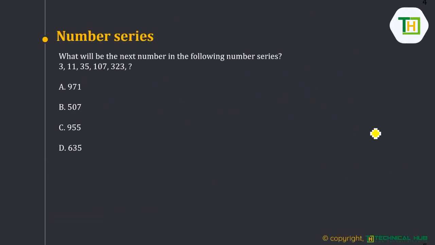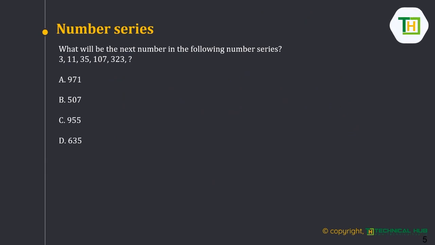Move on to the next one. What will be the next number in the following series? The given series is 3, 11, 35, 107 and 323. Find the next one.